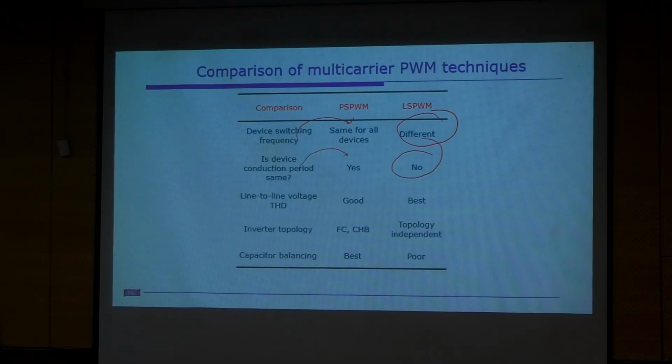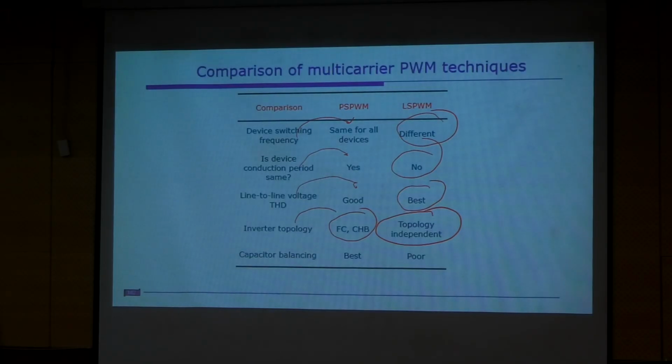The line-to-line THD is good here, but we get the best performance here. The inverter topologies: this one is applicable for the flying capacitor and cascaded H-bridge, whereas level shift PWM is applicable for any inverter topology. Nowadays we have other topologies like T-type, so for almost any inverter, we can directly apply this one.